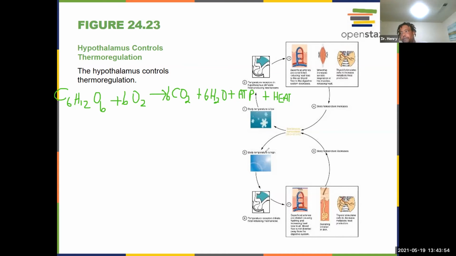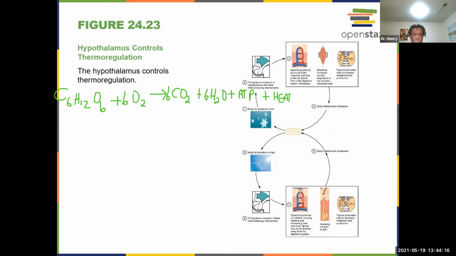It's going to open up your superficial arteries, so they're going to dilate. And because they're dilating, they're going to help the system cool off. So you're allowing heat to be released to the outer surface.